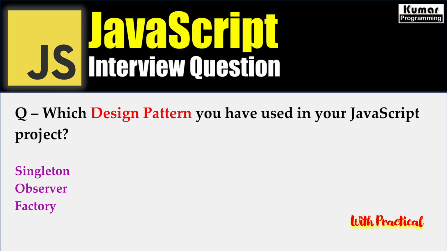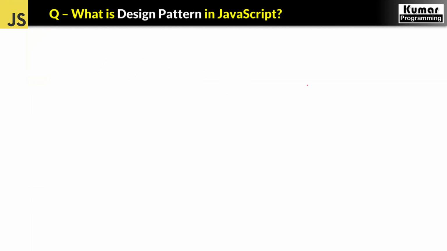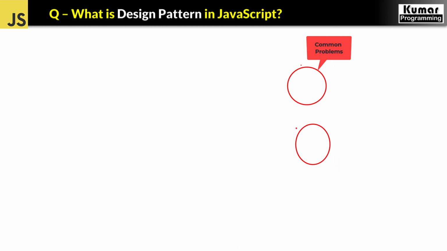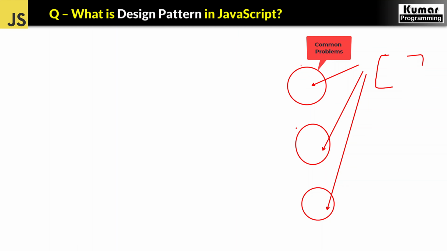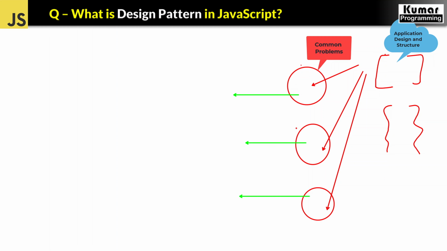Now, let's first understand what is design pattern. So basically, we have a lot of common problems, right? Suppose that here we have one problem, here I have another problem, and here we have a third problem. And these problems could be anything which a developer can face while designing or structuring their application. So in order to solve those kinds of problems, we have some reusable solutions.